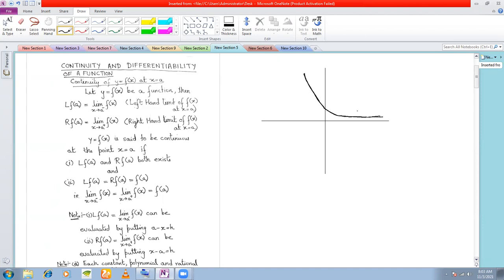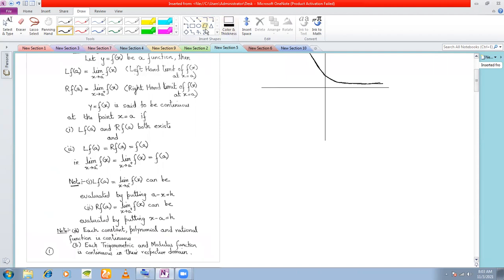Okay, but if I give you another graph like this, that is, corresponding to every x, you have a y, in the previous continuous graph. But if I give you a graph like this, what you see is that at the origin, the point (0, 0), the graph becomes discontinuous.